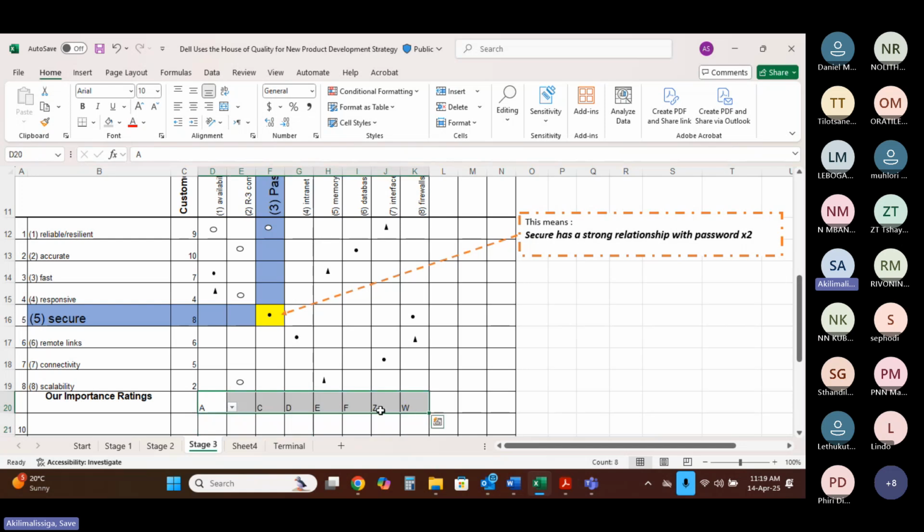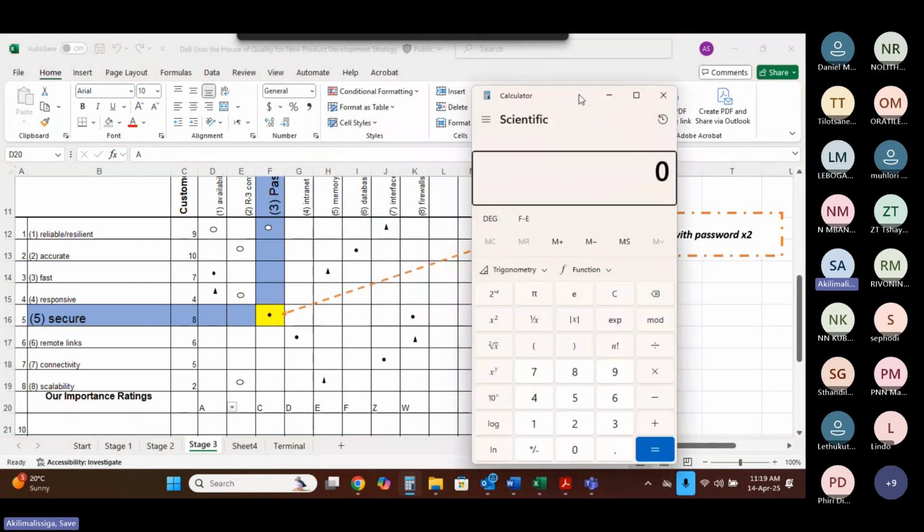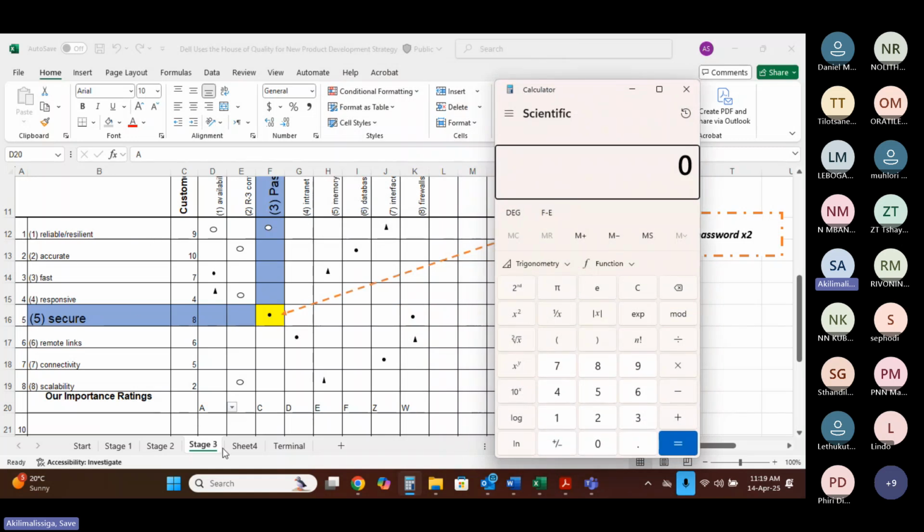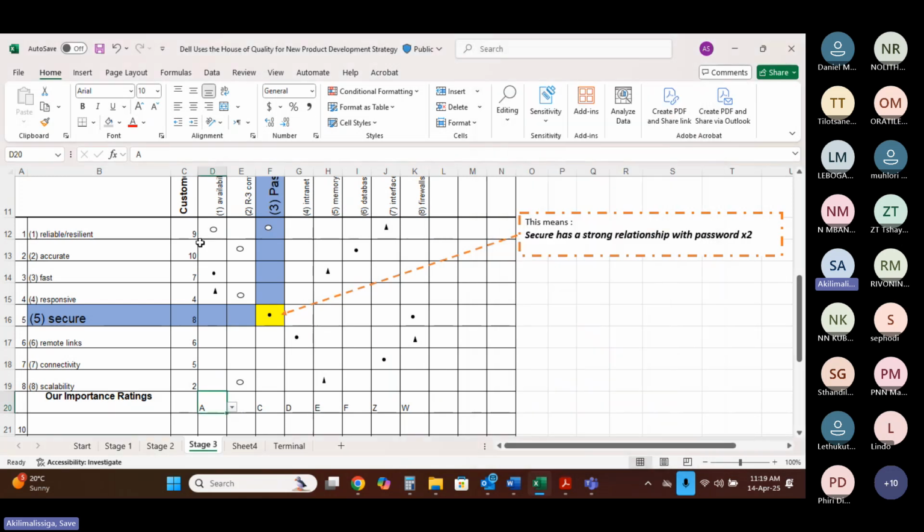Let's start with A. What is the value of A here? Let me pull up the calculator. You're going to proceed this way: take 9 times the number associated with the symbol, plus 7 times the number associated with this symbol, plus 4 times the number associated with this symbol.